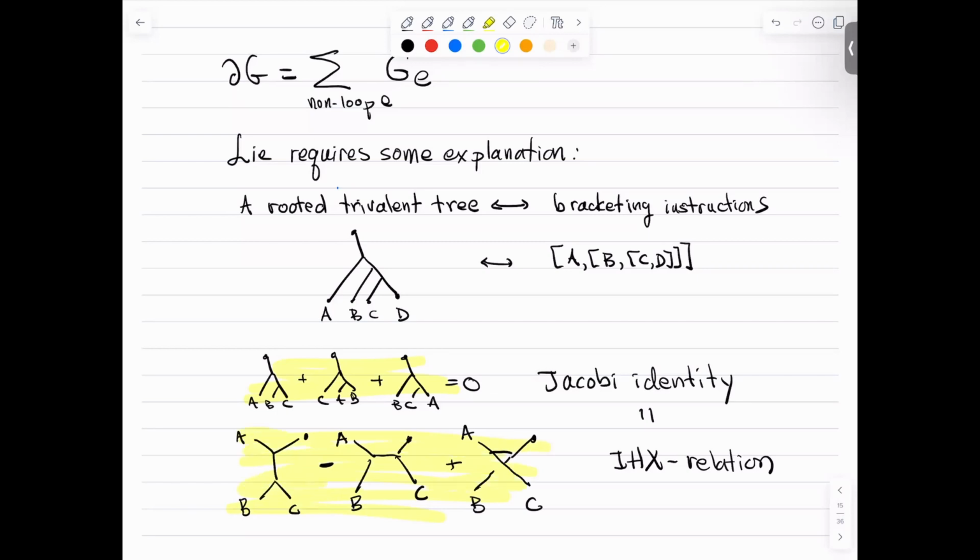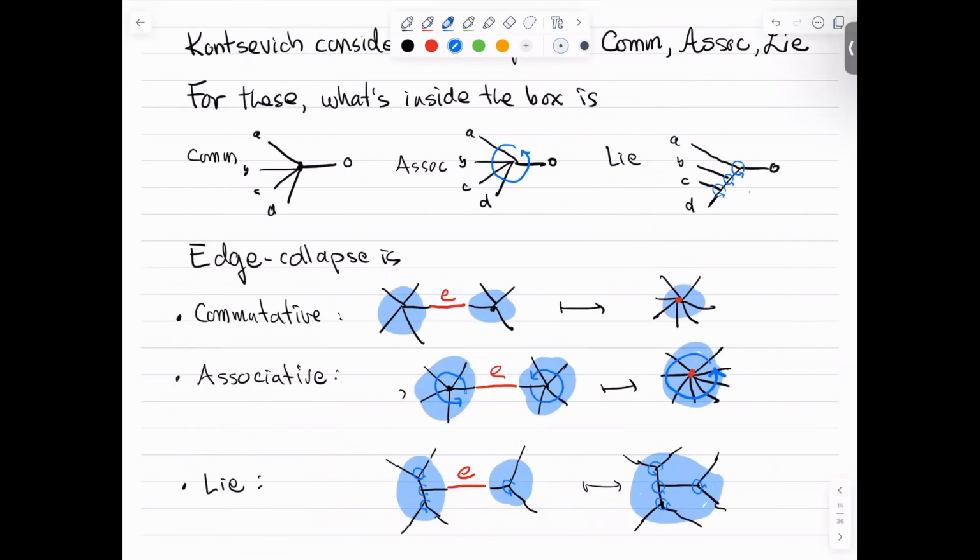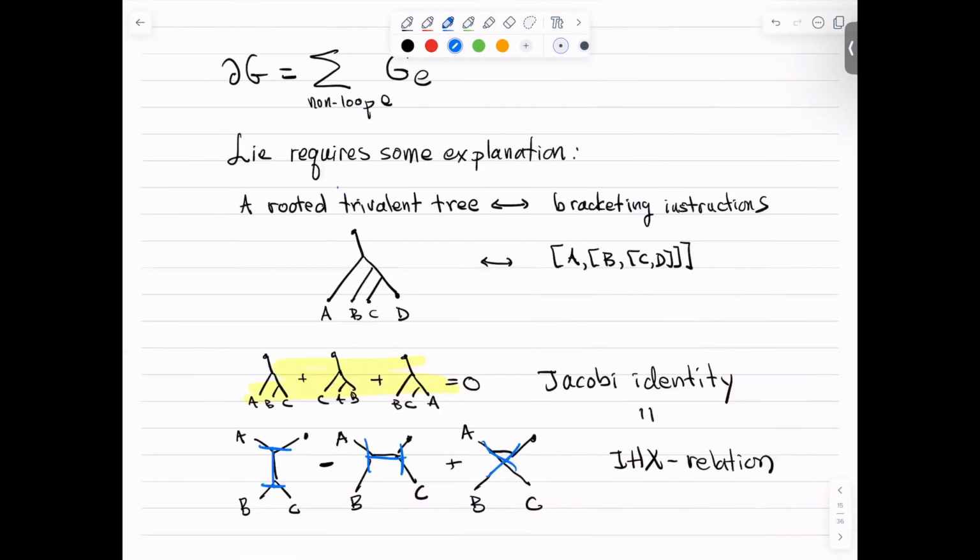So all I've done is smush the pictures around. And instead of a Jacobi relation, it's called an IHX relation, because the one on the left looks like an I. The one in the middle looks like an H, and the one on the right looks like an X. So IHX is just a code word for the Jacobi identity.